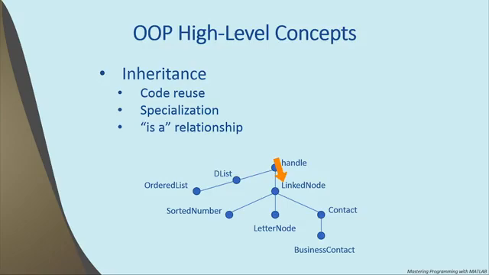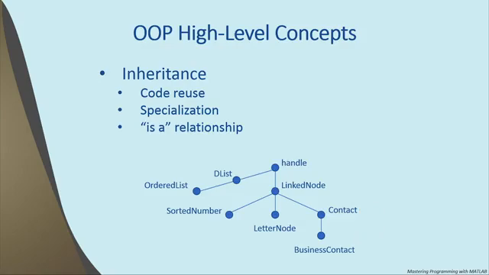We then created ordered list to add specialized functionality to dlist. And we created three subclasses of linked node to add specialized functionality, named letter node, sorted number, and contact. Then we further specialized contact with the business contact subclass.